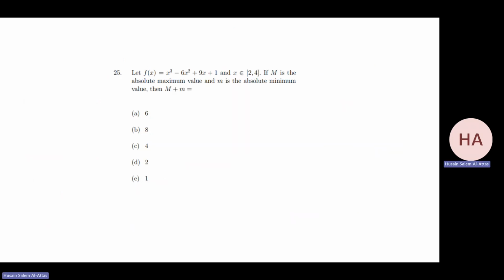If M is the absolute maximum, capital M, and small m is the absolute minimum, find capital M and small m. It's continuous in the interval, very clear. So I have f prime, which is 3x squared minus 12x plus 9.